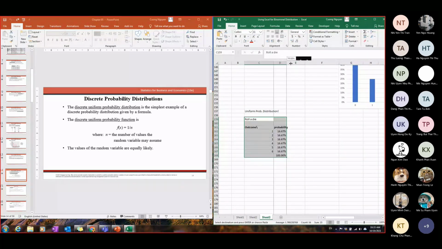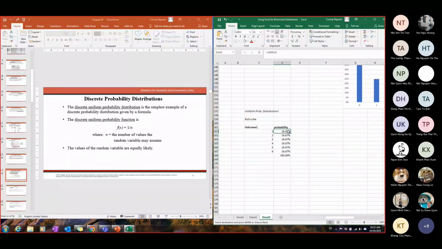So when you roll the die, we have 6 different outcomes, right? And they are equally likely. That means they have an equal probability, right? This one has the same probability for each outcome.